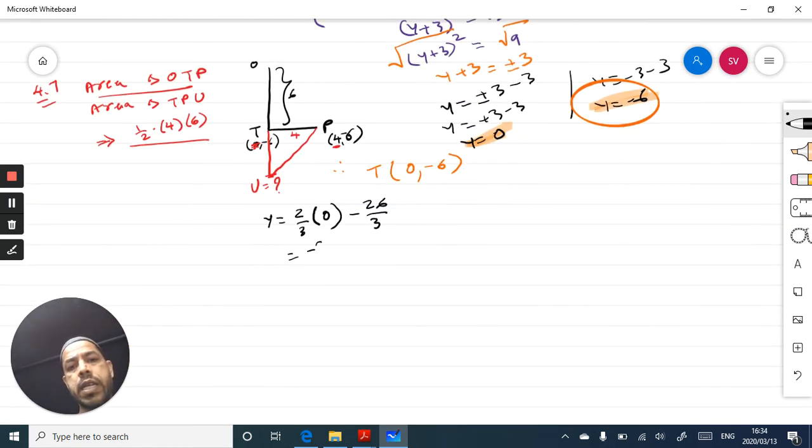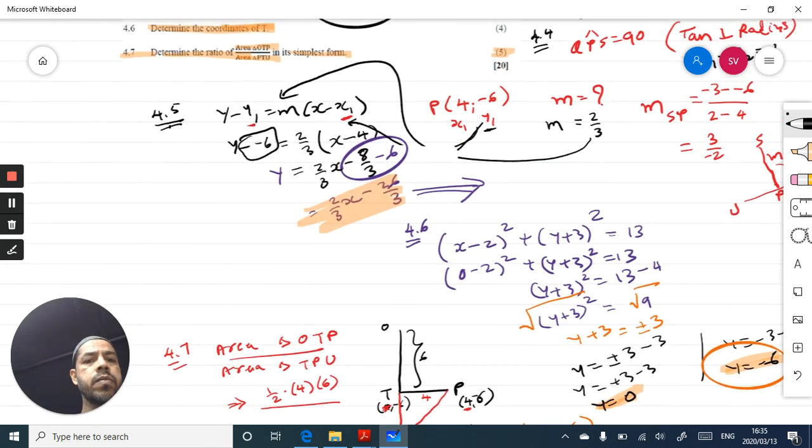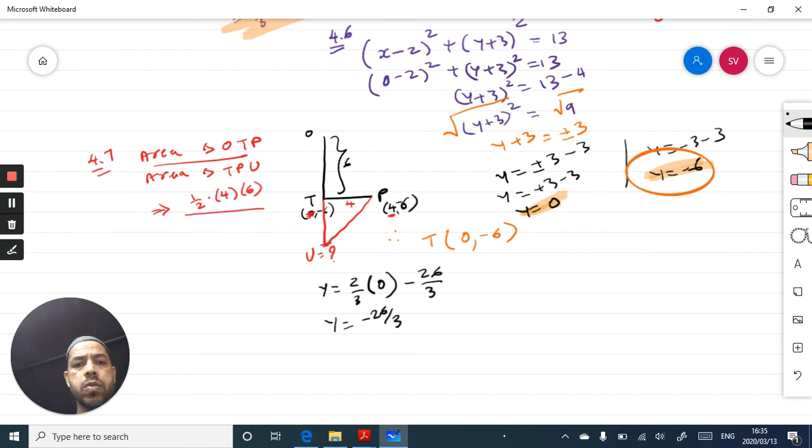So basically negative 26/3. The y coordinate is negative 26/3. So U is (0, -26/3).